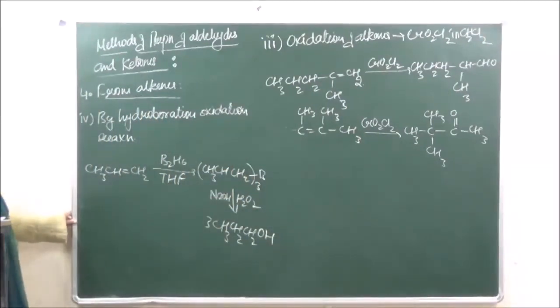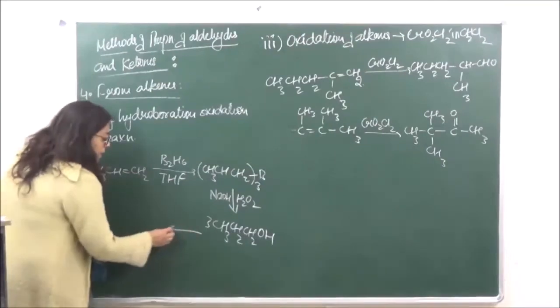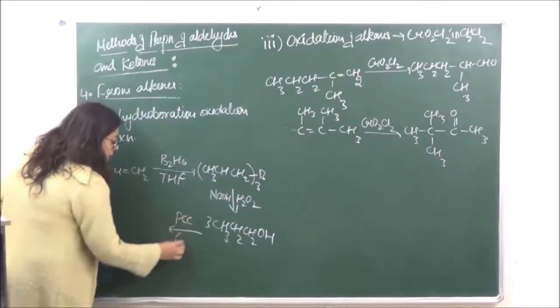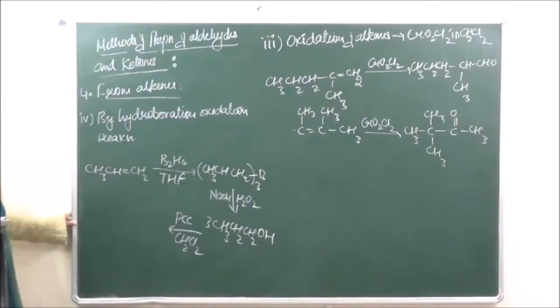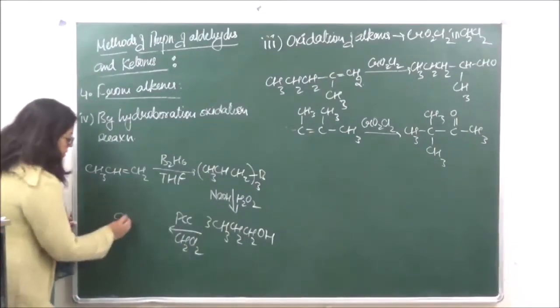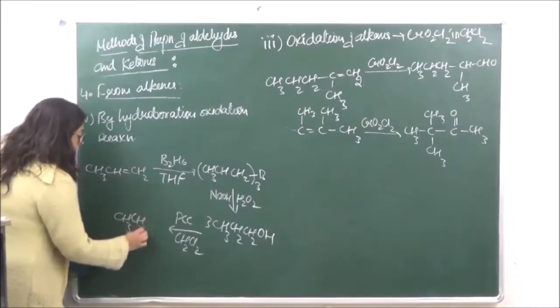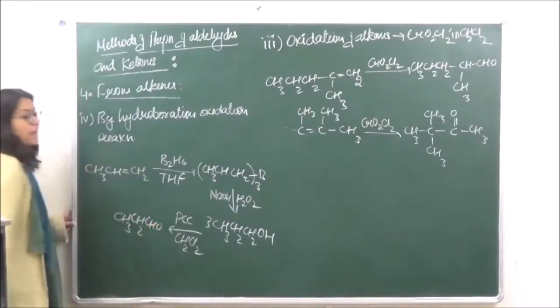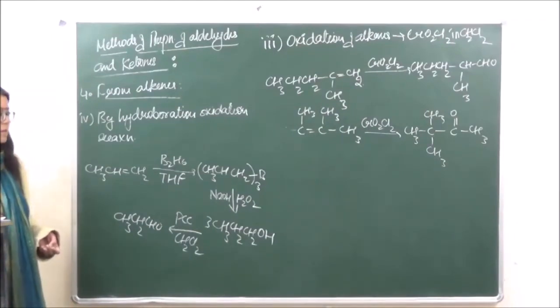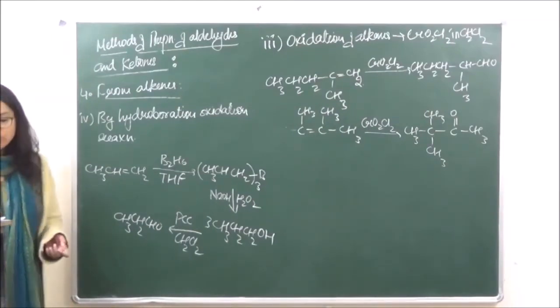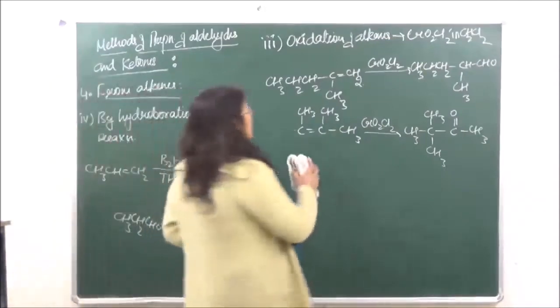Okay, now this alcohol is going to be reacted with PCC in CH2Cl2 to give us the respective aldehyde. Okay? So we can take this with one cyclic compound also.